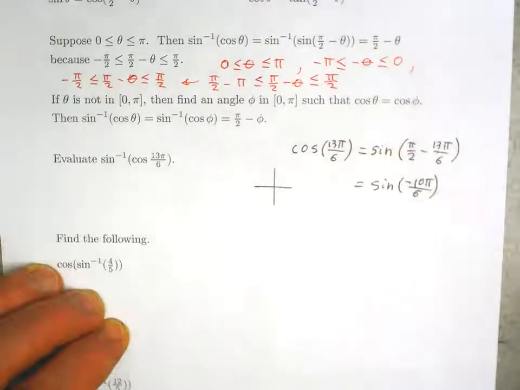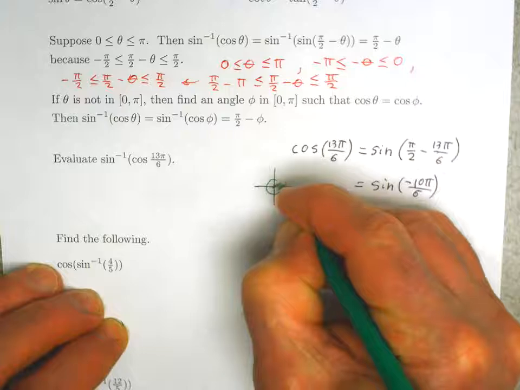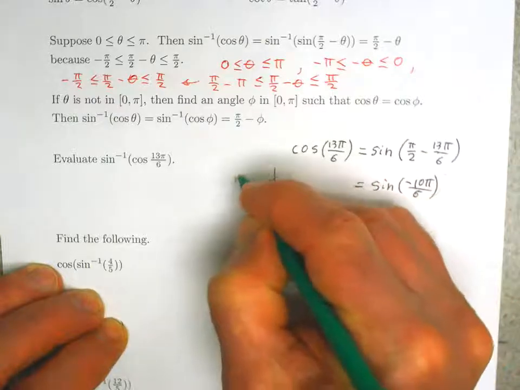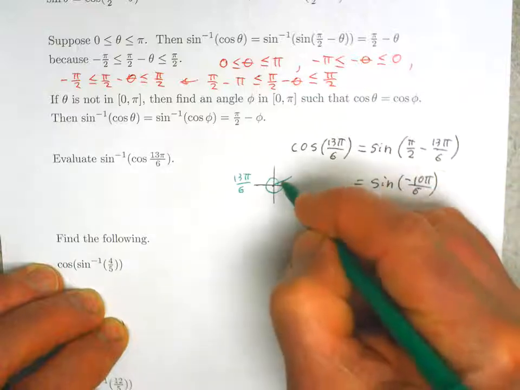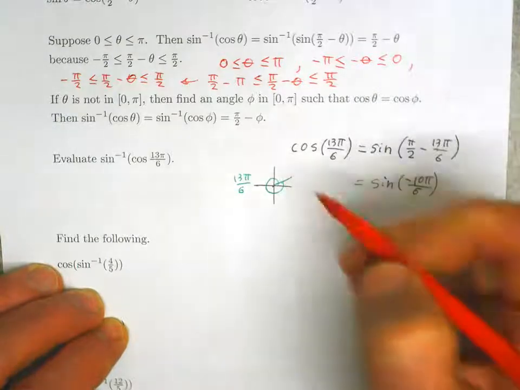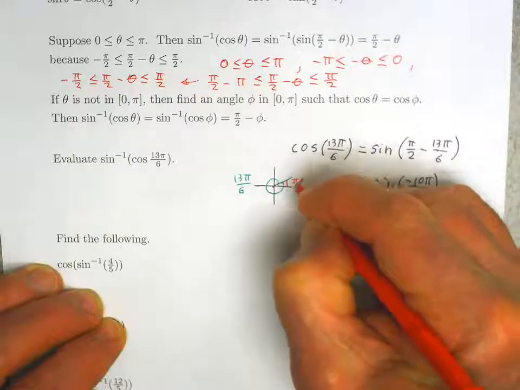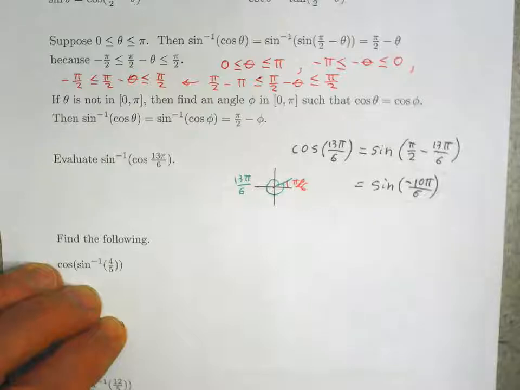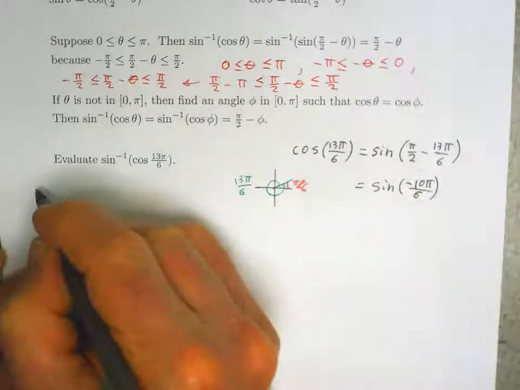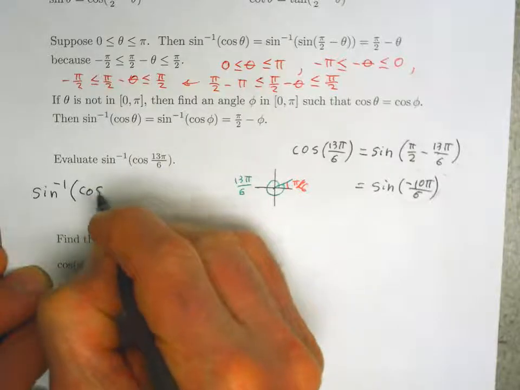I'll go ahead and wind it around. So 13 pi over 6 has a reference angle of pi over 6. And so we can rewrite this expression, inverse sine of cosine.